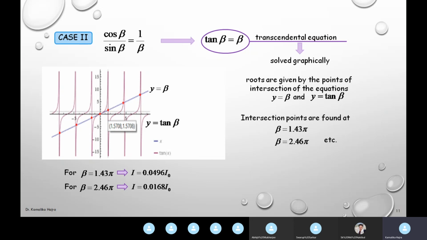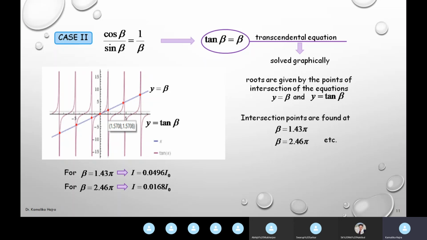So for the very first root, which will be obtained after the central maxima, the intensity is not 0, so there will be brightness, but it is only about 5% of the incident intensity. For the second position after the central maxima, there is maxima, there is brightness, but intensity is even less than 2% of the incident intensity, and so on.